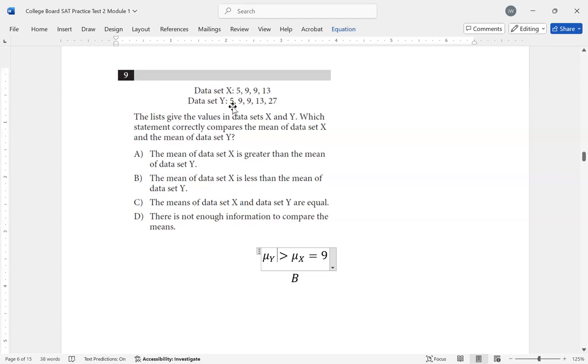And then you'd have to divide by 5. You'd get a mean of 12.6. So if you actually did the calculation, you'd also see that the mean of dataset Y is bigger, or the mean of dataset X is smaller. But again, I would have used just intuition there. So B is the final answer. You can use intuition, or you can do calculations.